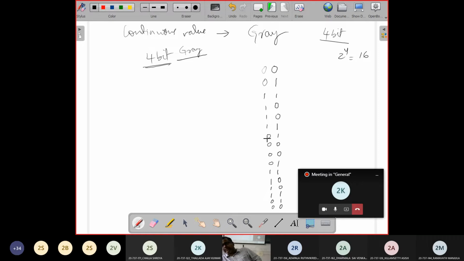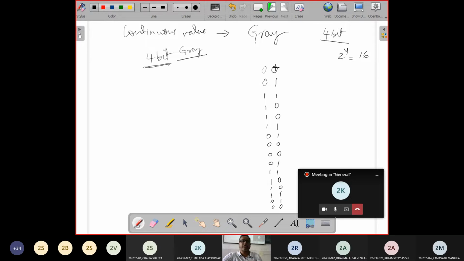Then once again, next column, how do you get? Now we have taken 2 zeros, right? Now you take it in powers of 2. 2 power 0 is 1. 2 power 1 is 2 zeros. 2 power 2, right?